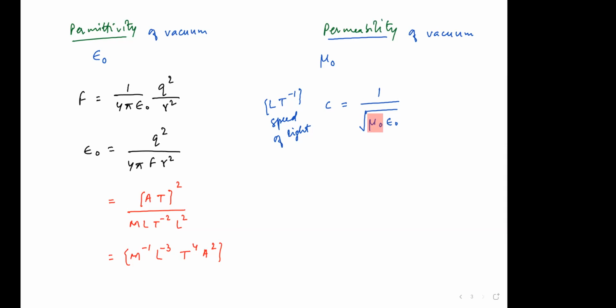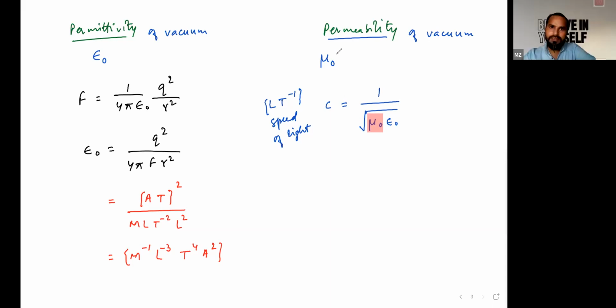Yes, sir. So next part is we have to calculate this particular mu naught, which is nothing but permeability of vacuum. So first we have to simplify this particular equation. There is square root in this section. So just square over both sides. So it will be c squared equals 1 over mu naught epsilon naught.